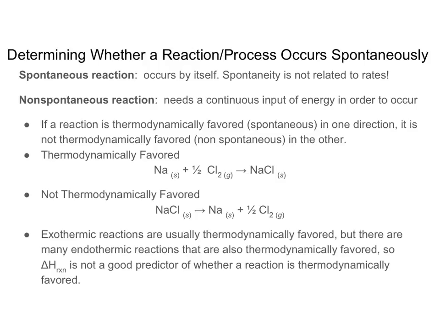So if a reaction is thermodynamically favored, that is spontaneous in one direction, it is not thermodynamically favored in the other direction. So looking at the reaction below, sodium plus chlorine makes sodium chloride. That is thermodynamically favored the way that it's written. However, the reverse of that is not thermodynamically favored. That means that we have to add energy in an effort to make this happen.